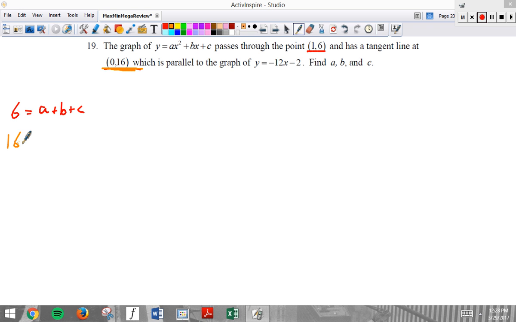And 16 is the y-coordinate I get when I plug in 0. Oh, so wouldn't you know c equals 16? And immediately that red equation can be traded out for 6 equals a plus b plus 16, which can be traded out for the slightly nicer equation, a plus b equals negative 10.